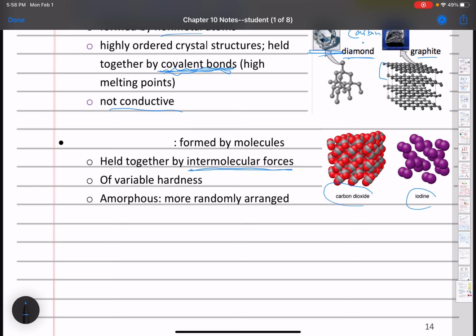Sometimes they form crystalline structures where they're highly ordered and the molecules pack together in a certain pattern. And sometimes not so much. Sometimes they're just randomly thrown together.